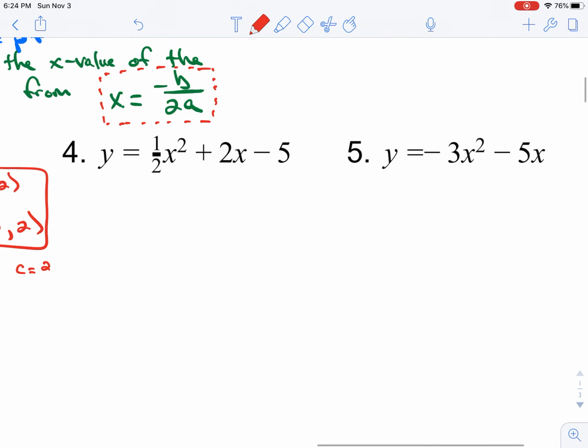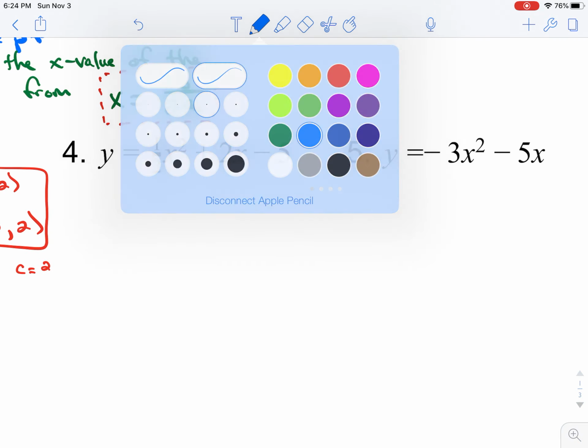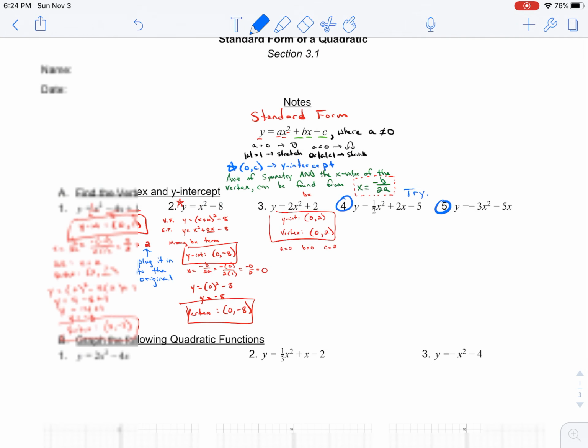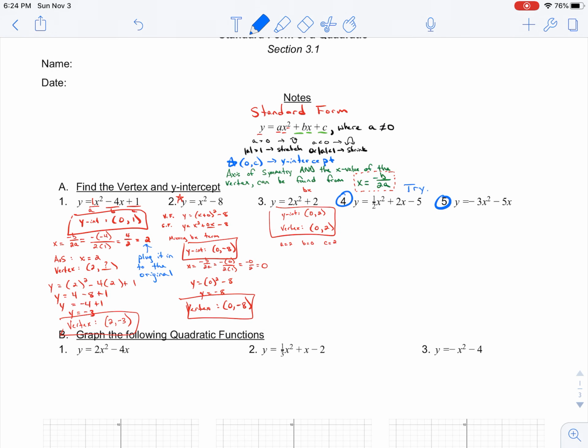Okay, what I'm going to have you do right now is pause the video, and I think it's best if you pause the video now instead of at the end. I want you to try 4 and 5 on your own. You're eventually going to submit this note sheet. Your note sheet's going to have all the problems that we've done together and also a few that you're trying on your own.